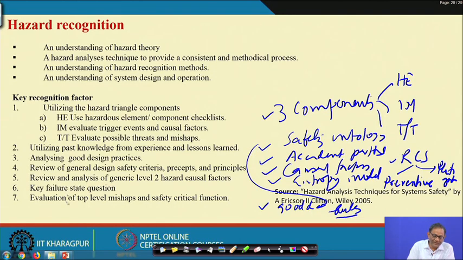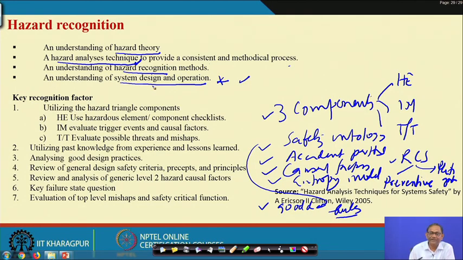Here some of the key issues are further described. What is hazard recognition? Understanding of hazard theory. I hope you understand now. Hazard analysis techniques to provide consistent and methodological processes: hazard analysis techniques we have not discussed. Understanding of hazard recognition methods: not discussed. Understanding of system design and operation: it will not be discussed. It is expected that an engineer from every operation, every discipline, must know their system.